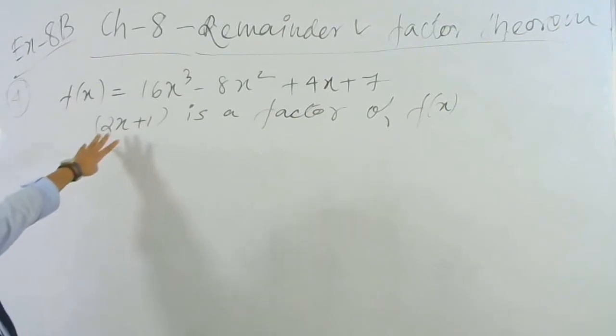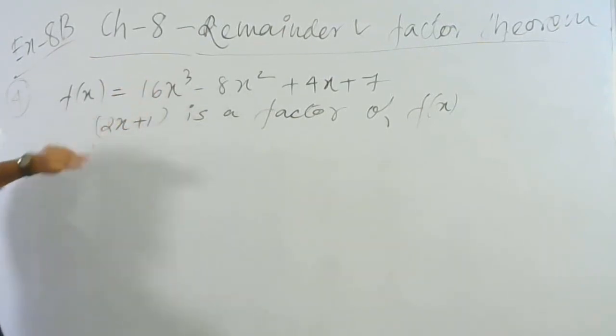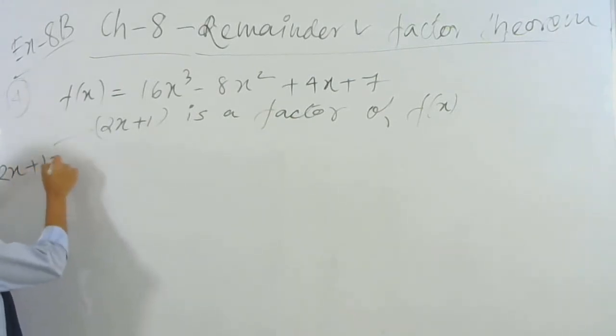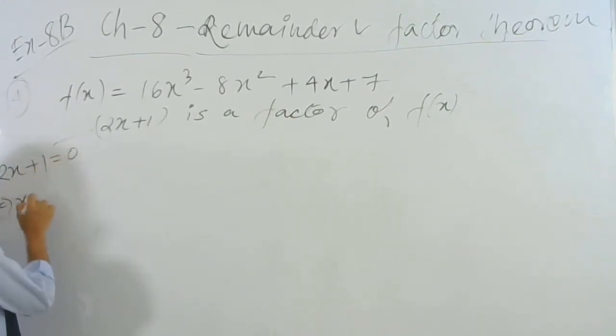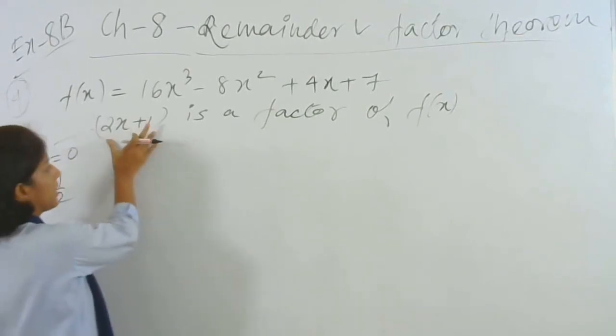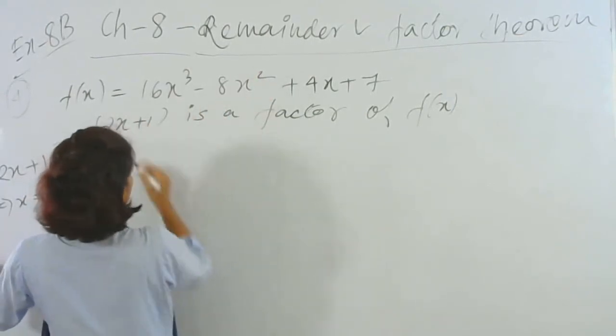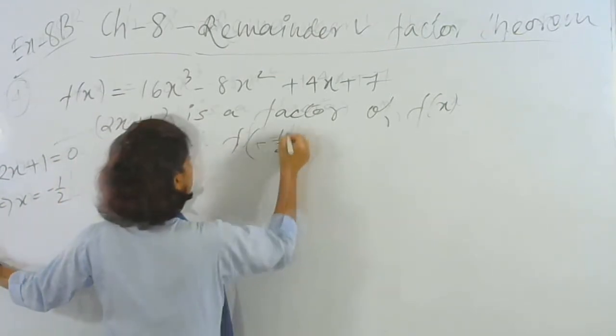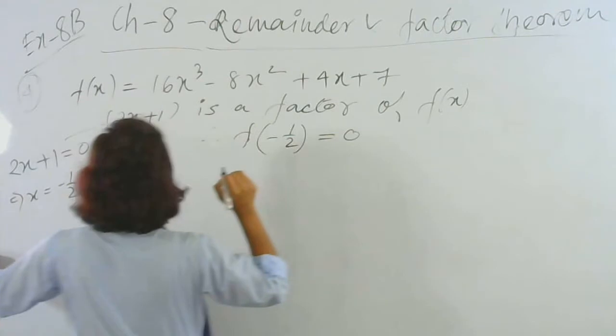Now you see 2x plus 1 is a factor of this. What do I get as the value of x from here? 2x plus 1 is equal to 0, which implies x is minus 1 by 2. This is what I get. It means that when this is a factor of this, therefore f of minus 1 by 2 must be equal to 0.